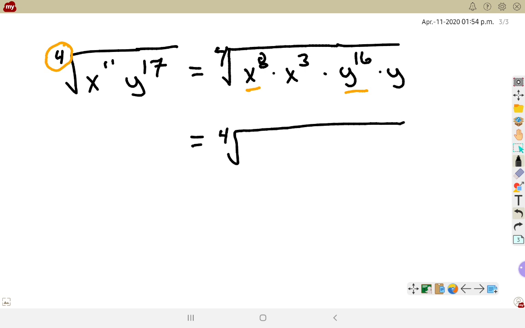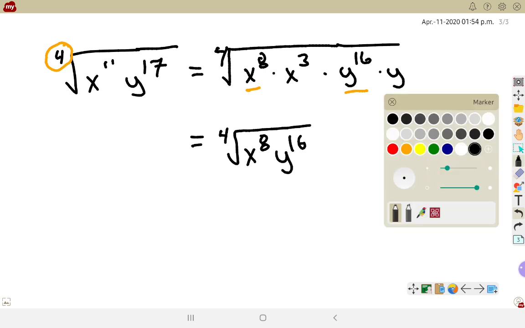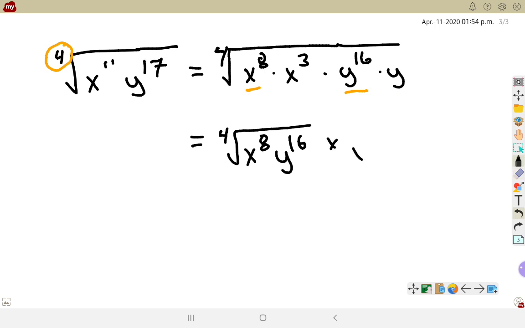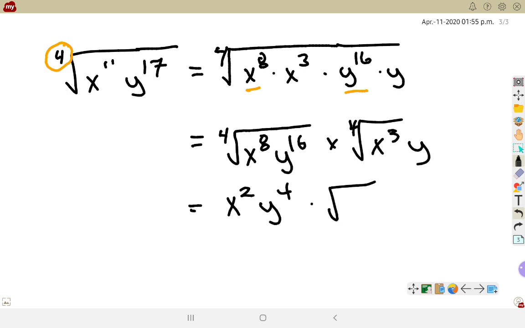So I have the fourth root of x exponent 8, y exponent 16, multiplying by the fourth root of x cubed y. For x exponent 8, I need to divide the 8 by 4, which gives me x exponent 2, y exponent 4 times the fourth root of x cubed y.